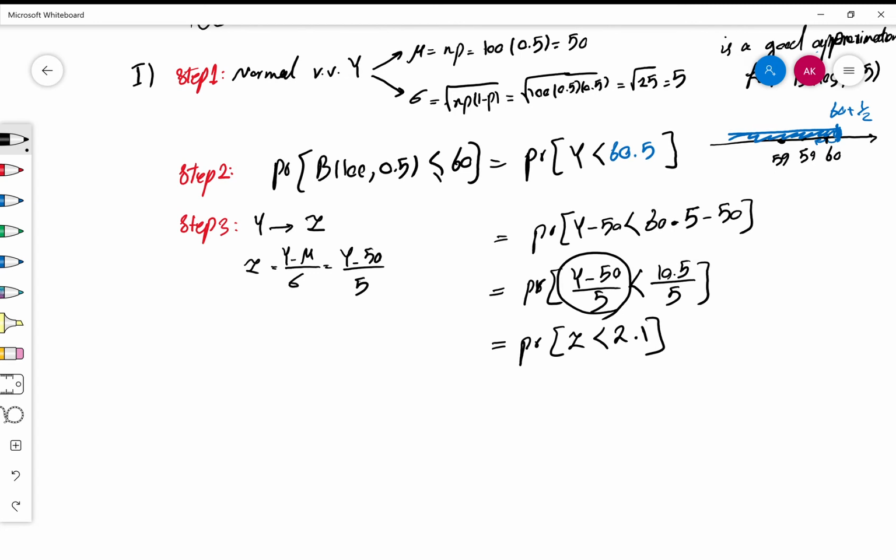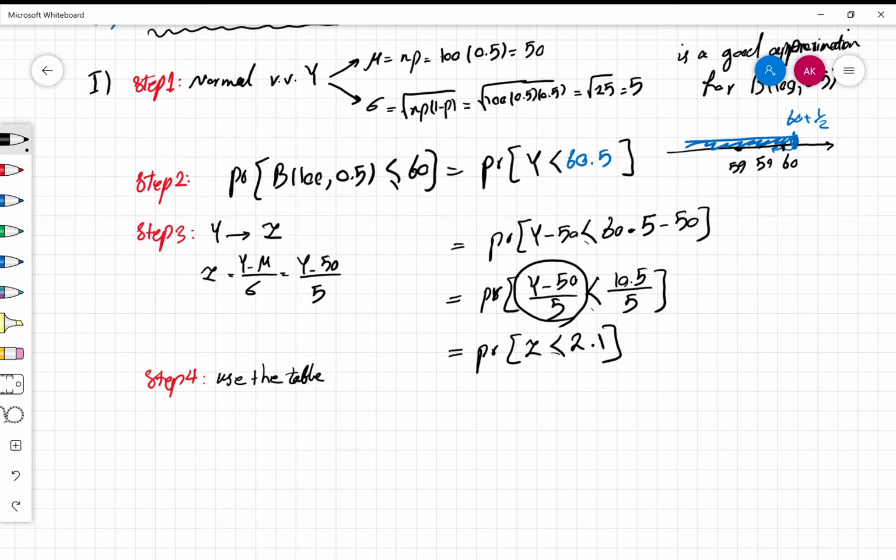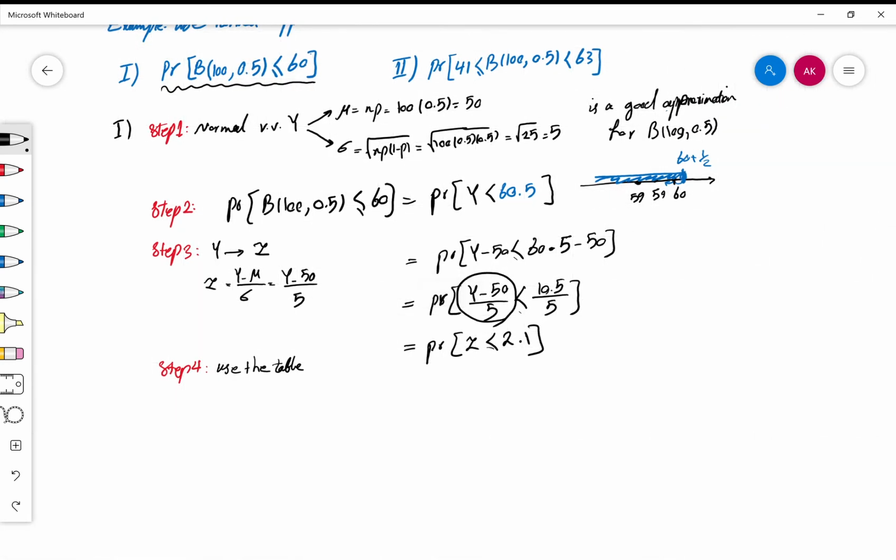So now we are in Z variable probability. And what is important to note is that while Z and Y are continuous, we can include equality or not. All being said, to find the probability, we need to use the Z table. So in this case, let me import the table here somewhere.